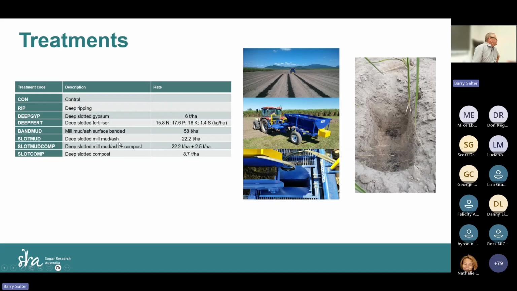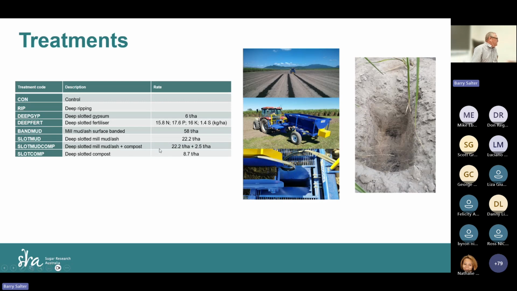So we set up a trial where we had a number of treatments. There was a control where we did nothing. We had deep ripping where we applied no product. We put gypsum at depth. We put fertiliser at depth. We had mill mud ash on the surface at 60 tonnes to the hectare. And then we had some of these slotting treatments where we had mud ash at roughly 20 tonnes to the hectare at 20 to 30 centimetre depth.